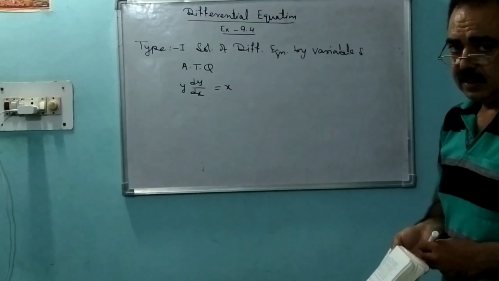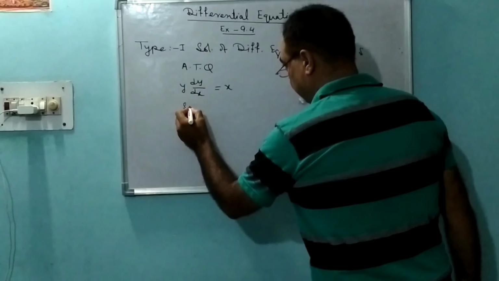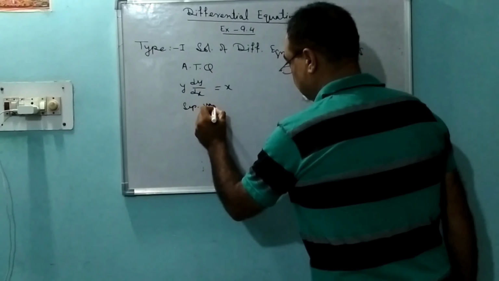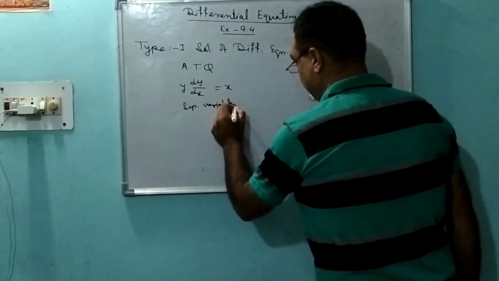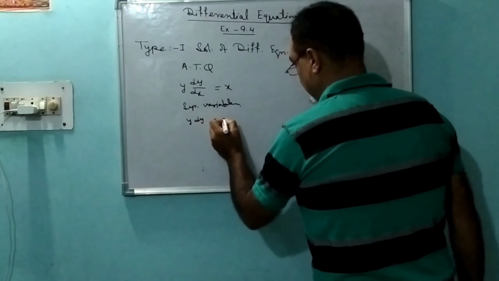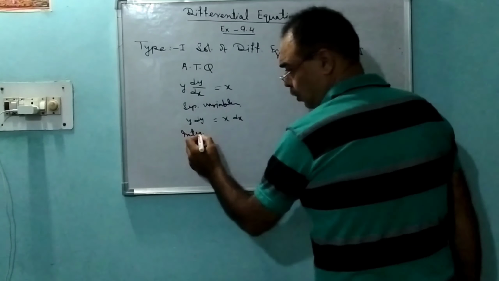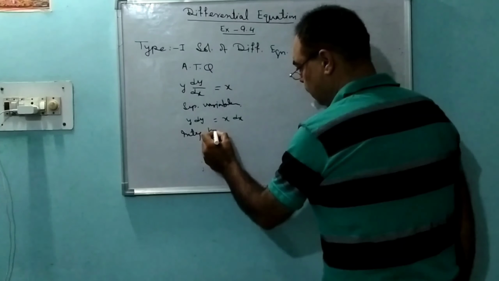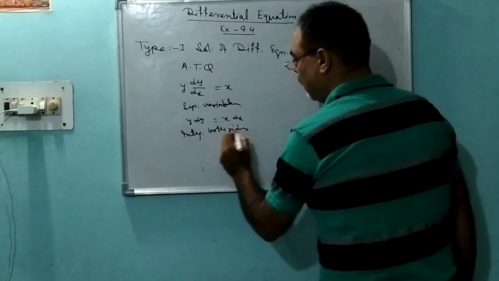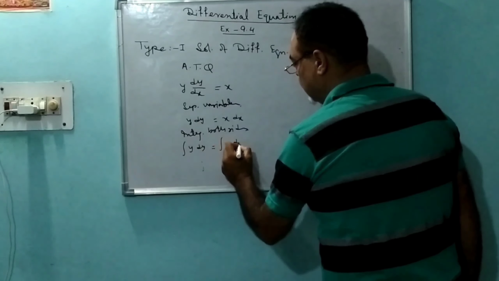In order to solve this, first of all we will separate variables. So separating variables, y dy is equal to x dx. Next step is the same as the previous two questions we discussed, integrating both sides.